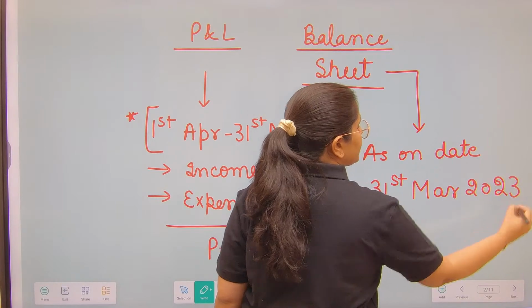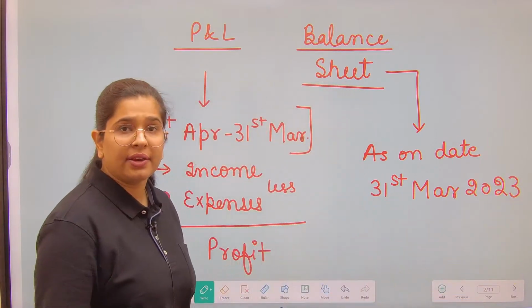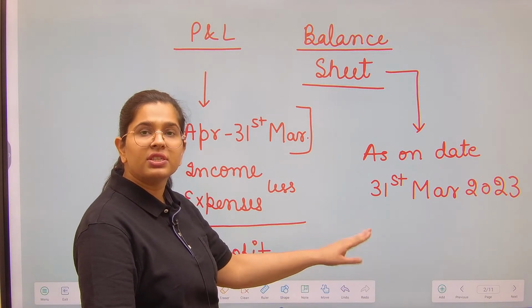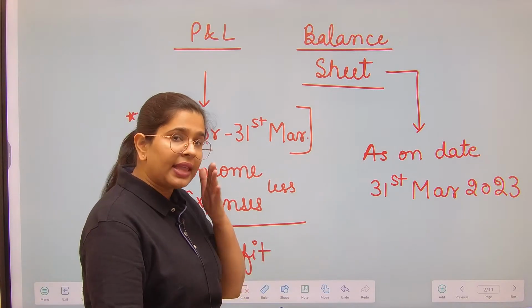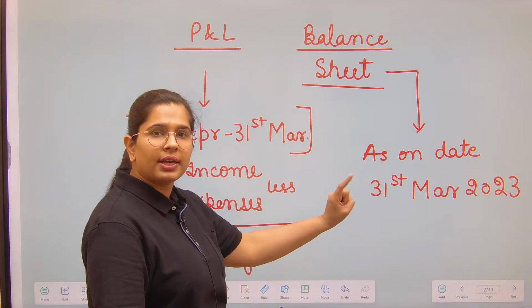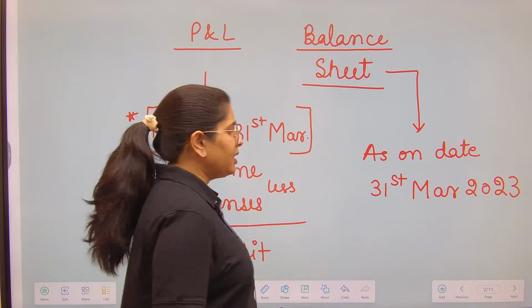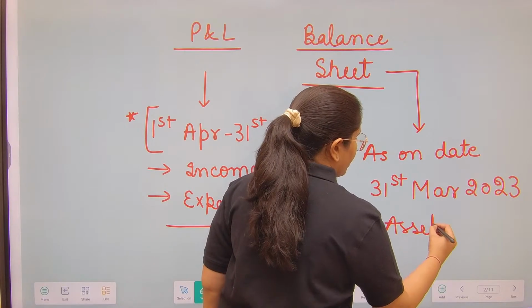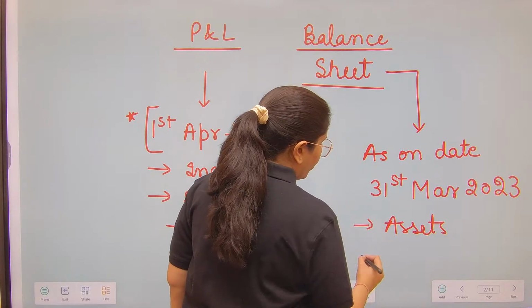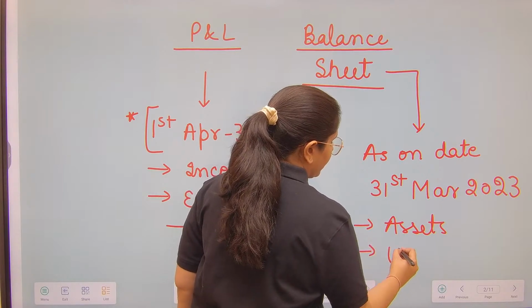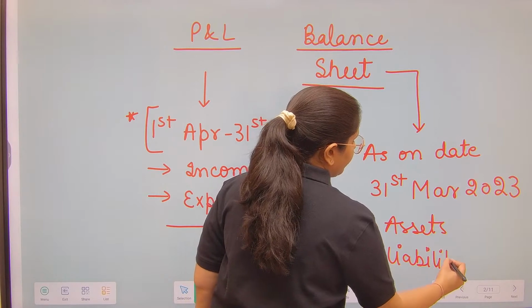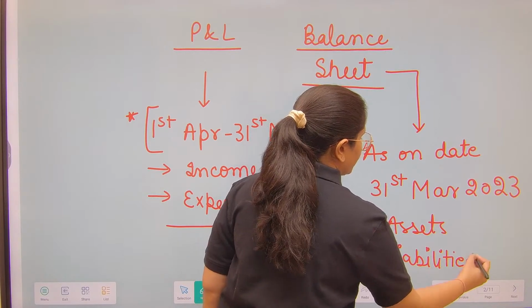All the businesses operating right now are going to prepare their balance sheet as on 31st March 2023. That means on this particular date, what is the balance of assets and what is the balance of liabilities. This is the purpose of your balance sheet.